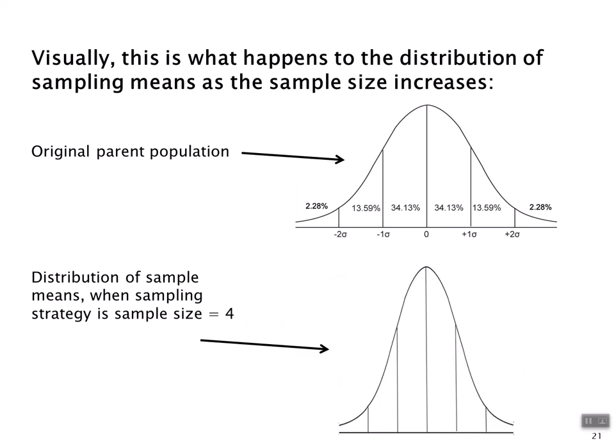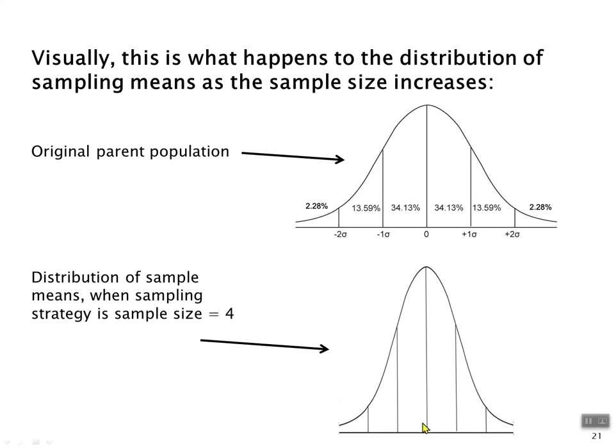If you increase your sample size to 4, the theoretical sampling distribution gets a little bit narrower. You can see that the spaces here are a bit narrower. Now, it doesn't really get taller like that. What happened is that the photograph editing software that I used made it do that when I squeezed it.